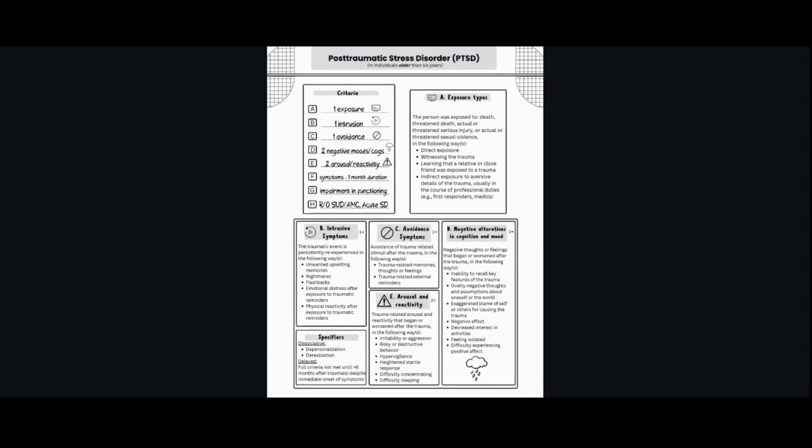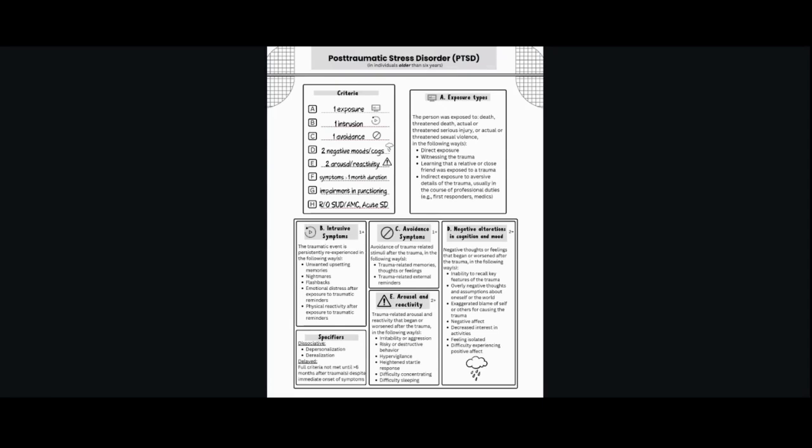Within their demonstration of these symptoms, a person can demonstrate dissociative qualities that would warrant a specifier of either depersonalization or derealization.